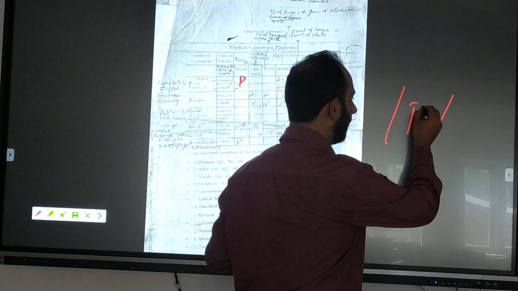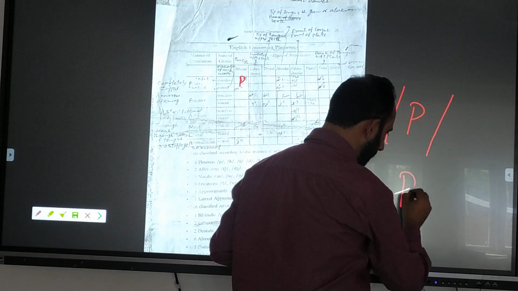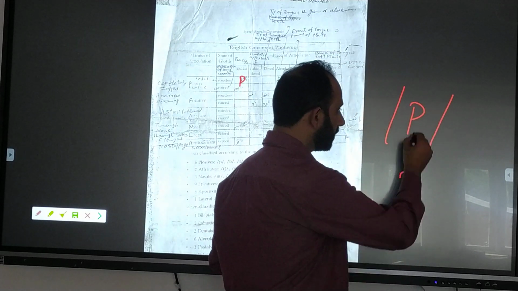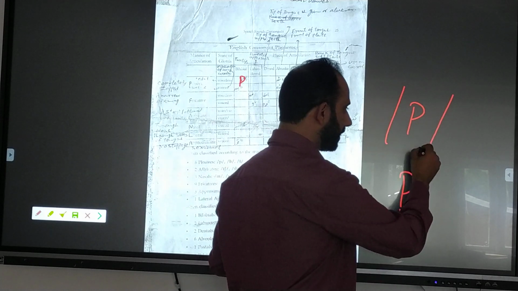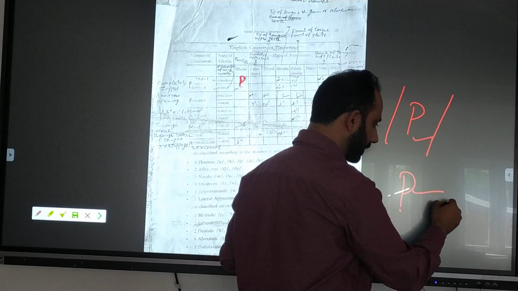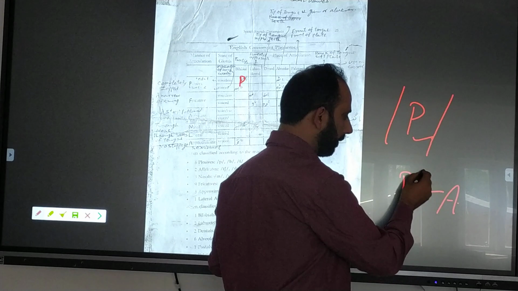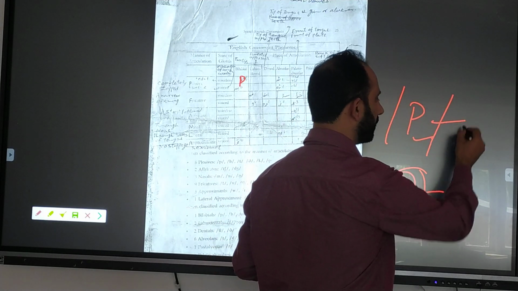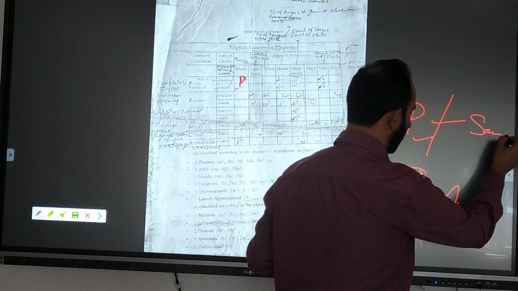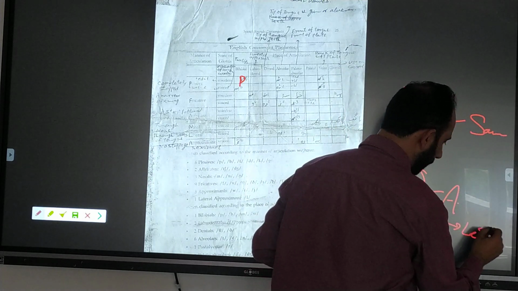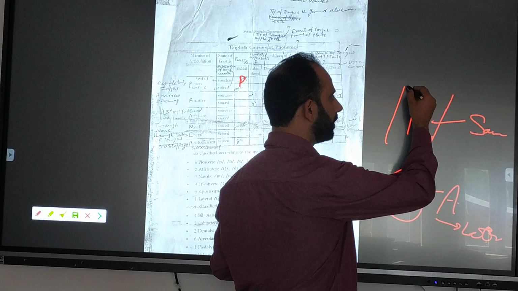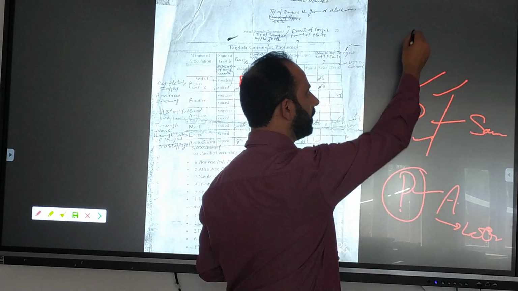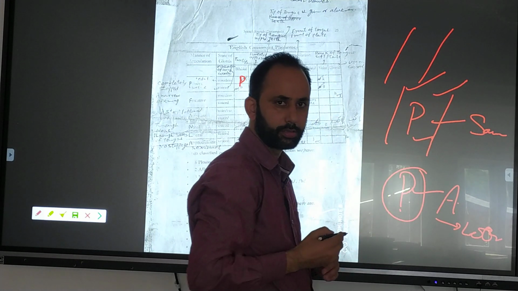For example, this is po and this is p. Why is this po, why is this p? Because this is a letter of the alphabet, and this is a sound. Why? You have to remember that we always keep the sounds within these slant lines.